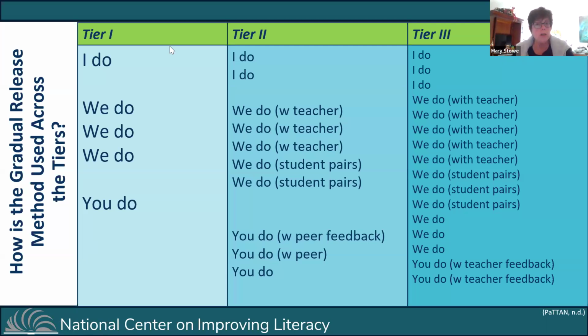We think about the we do piece where we've intensified that with teachers guiding the we do section even more, partnering with their peers. We've increased then the we do back together with teachers. And then we've looked at the you do piece with teacher feedback provided in both instances.